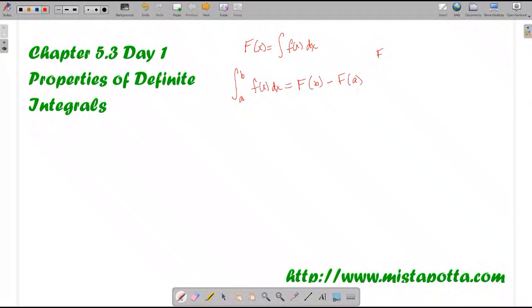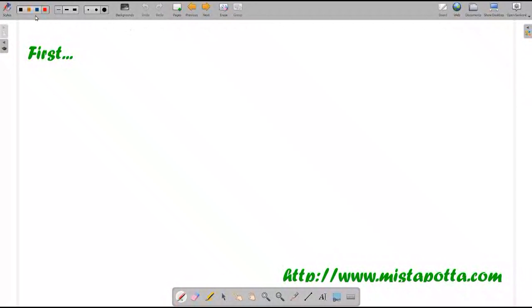This is that fundamental theorem of calculus that we've mentioned in class, and we'll be using it a little bit today. But what I want to do is talk about some more properties of definite integrals. But before I do that, I do want to talk about one quick thing.